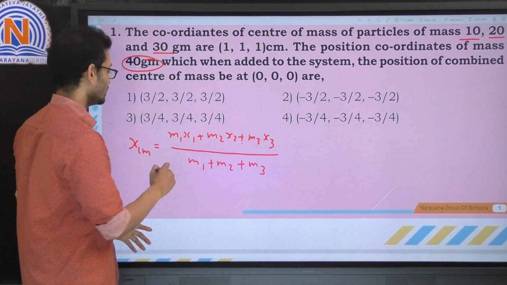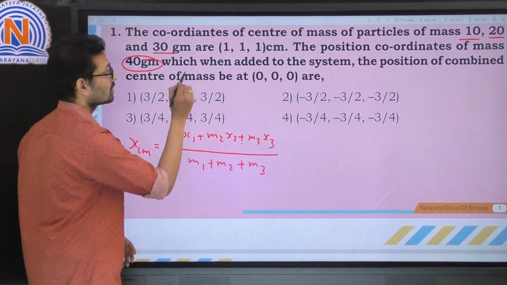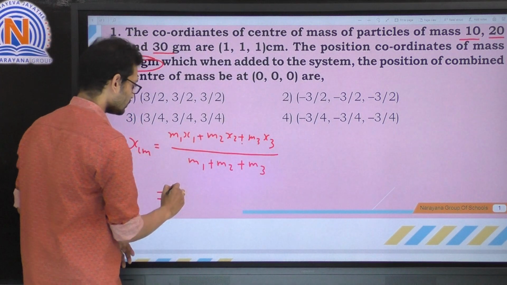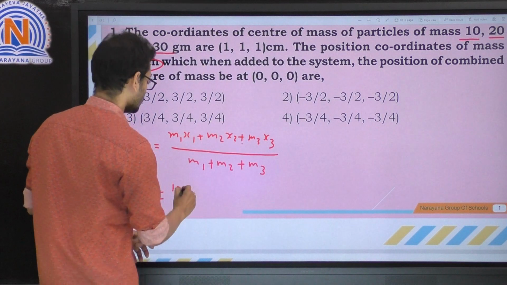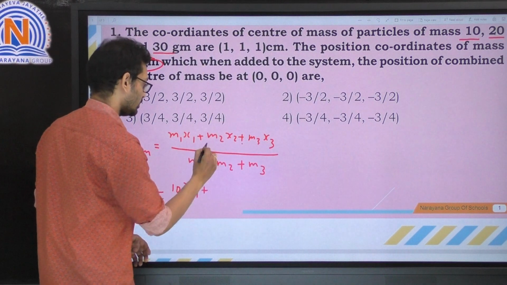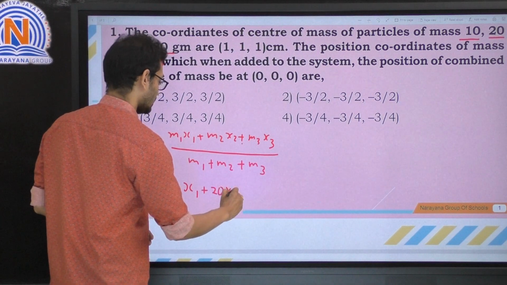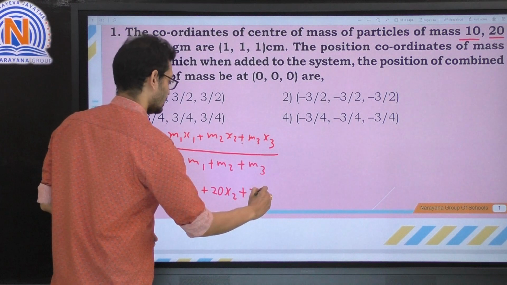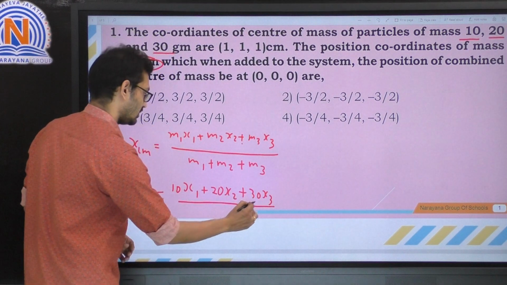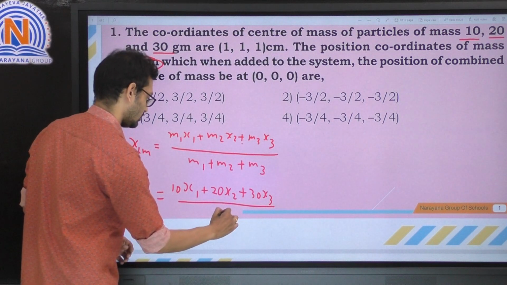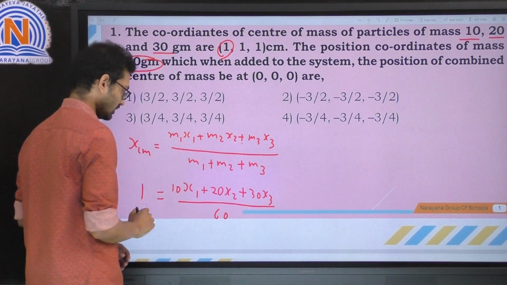So when we go with that x center of mass, you are going to get how much? m1 is 10, x1 we don't know, so let us write it as x1, plus m2 is 20 x2 plus 30 x3 by m1 plus m2 plus m3, that is 60, and x center of mass is given as 1, so I am writing it as 1.